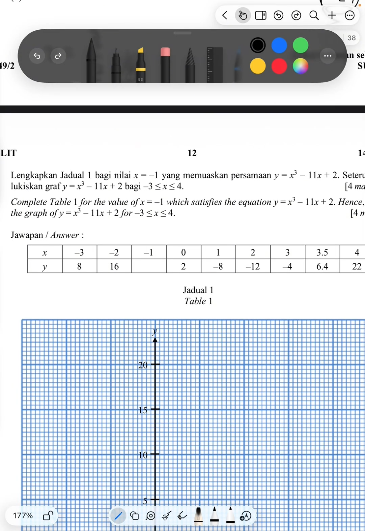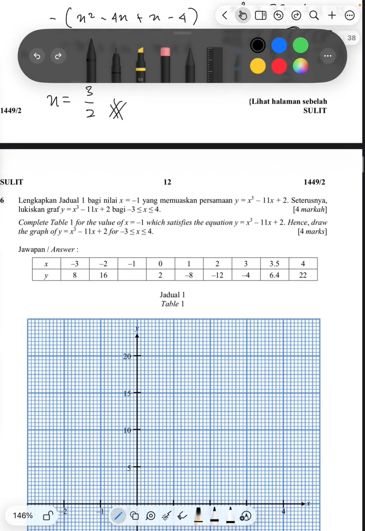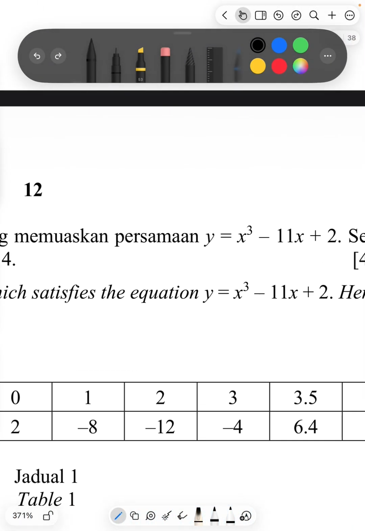Okay, next question. Complete table 1 for the value of x equals negative 1. So they want us to find this, that satisfies the equation. So just substitute negative 1 into y.